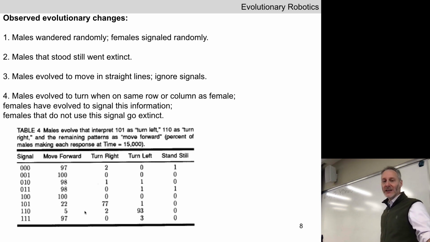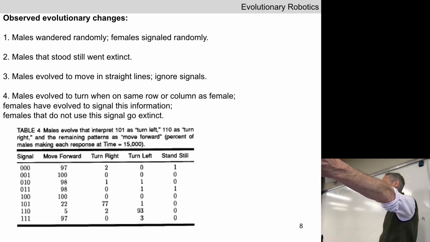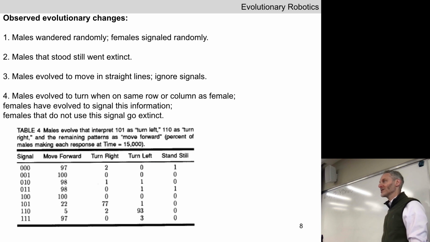There is obviously an evolutionary benefit for the males, presumably, to turn right when they hear 101 and to turn left when they hear 110. That seems to be an evolutionary benefit for the males. So there must also be some evolutionary benefit for the females as well, which is, for all we know, for the females to emit 101 under certain conditions.